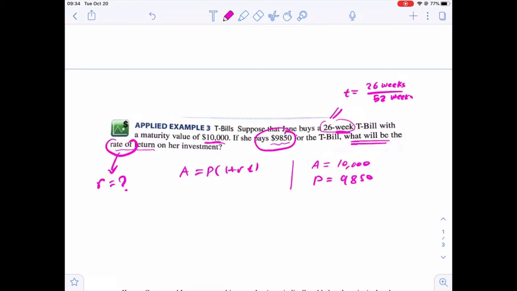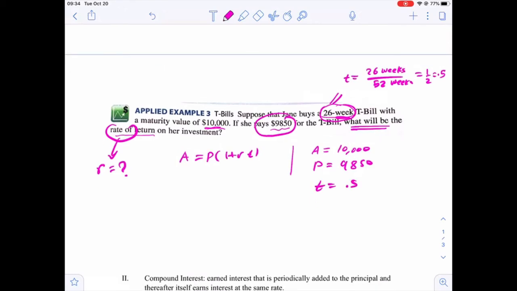So in order to find time in years, we need to divide 26 weeks by the number of weeks in a year, and that will give us 1/2 a year, or 0.5. So T is 0.5. Now we can apply the formula.